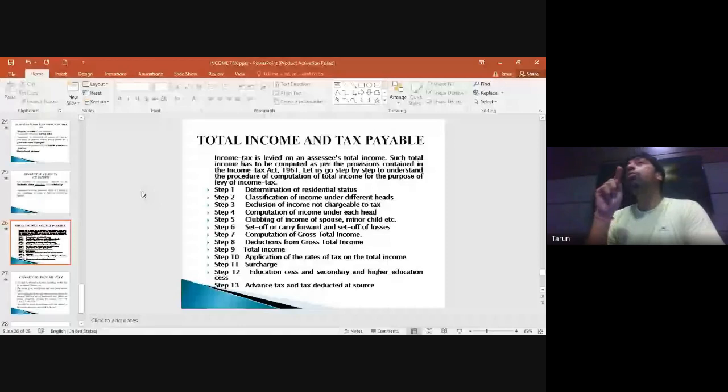So if your total income is around 6.5 lakhs, that means it is taxable. 10% tax will be charged on the total income, right? So this is all about it. And below 5 lakhs, there is no tax, it is nil.